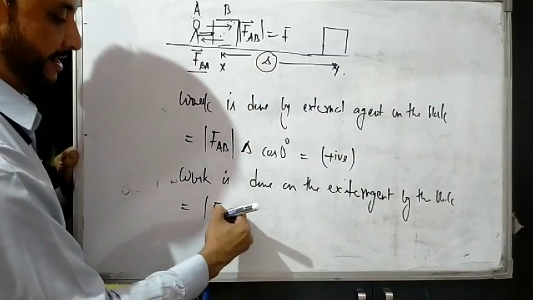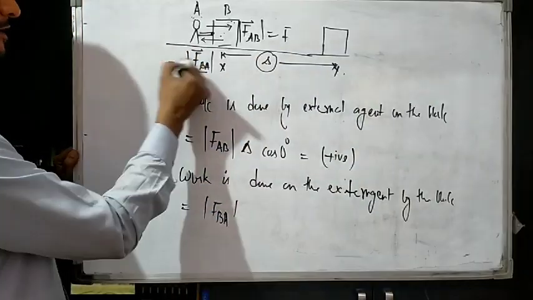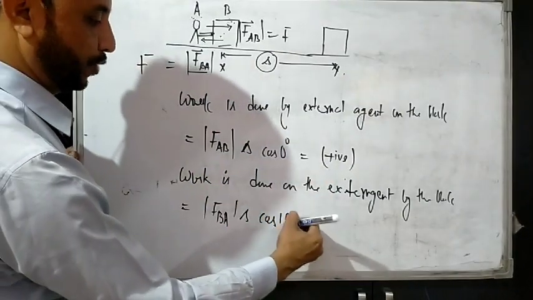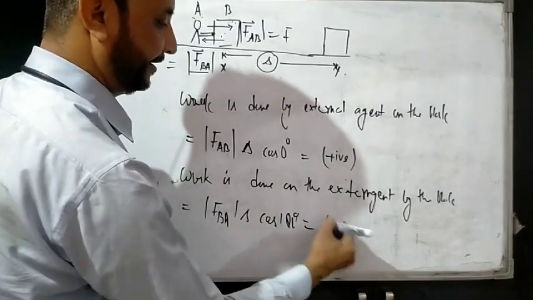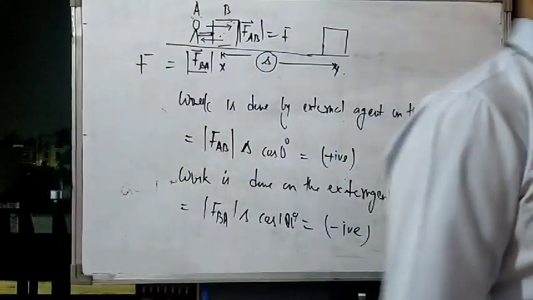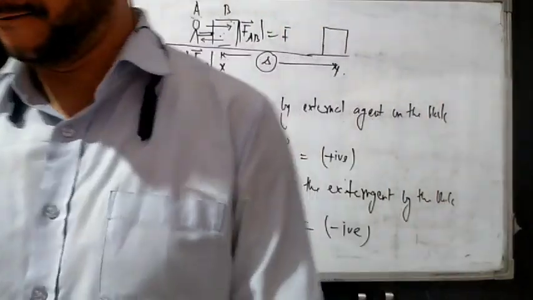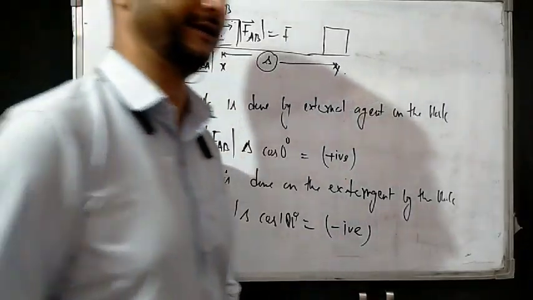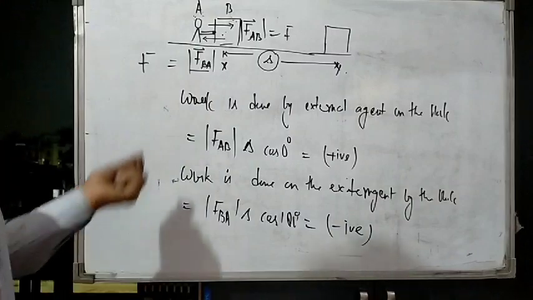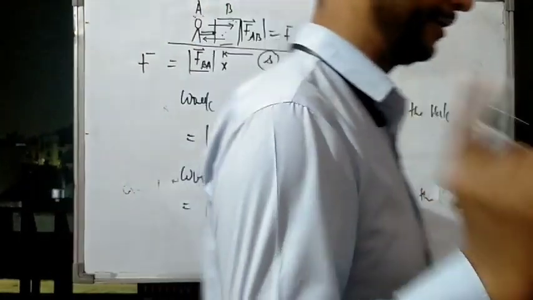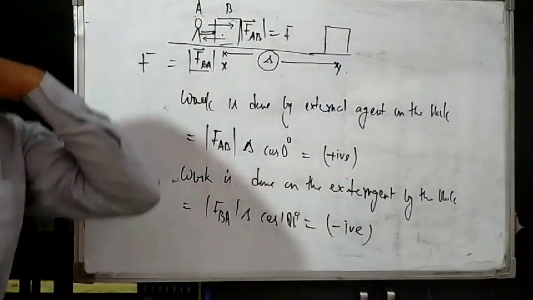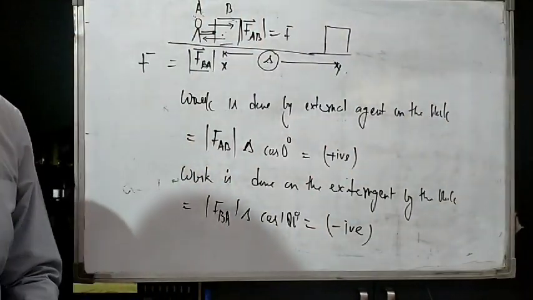That means F_BA, which in terms of magnitude is also equal to F, and S, this is cos 180 degree, so this is negative. It means positive and negative work exist simultaneously. You can't say that whenever a block is doing positive work, it is not doing some negative work there. Mark my point: positive work and negative work exist simultaneously.